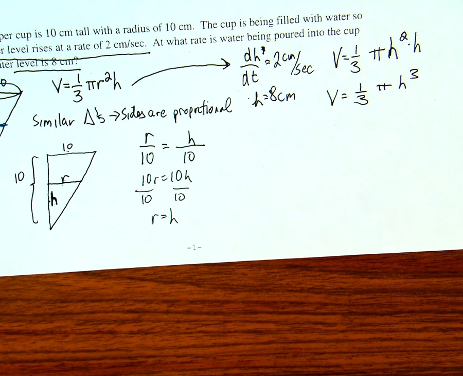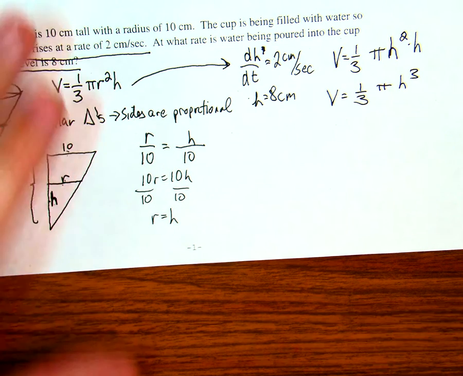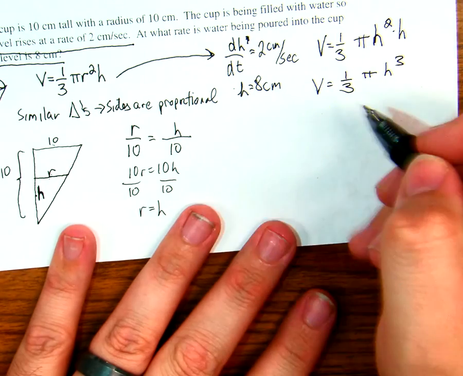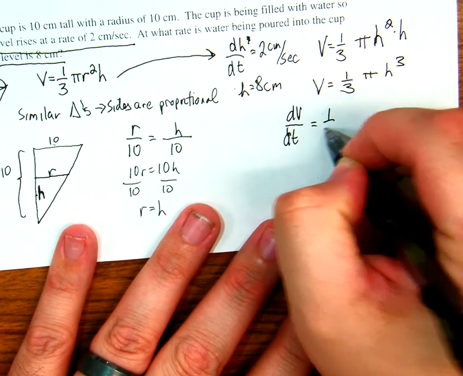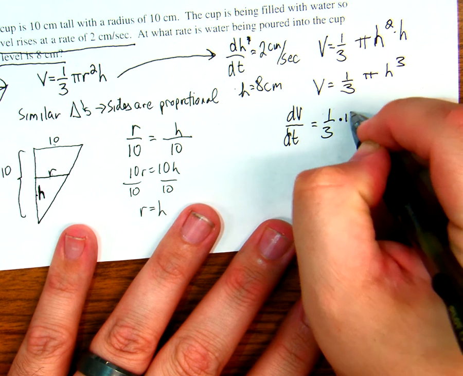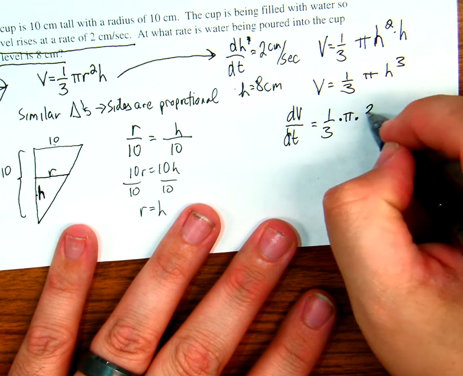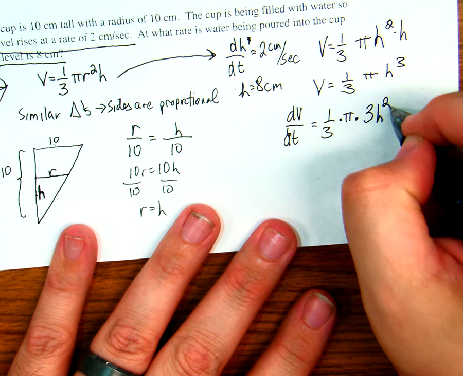So now, take the derivative of this. Derivative, we want dV/dt is equal to 1/3 pi times 3H squared times dH/dt.